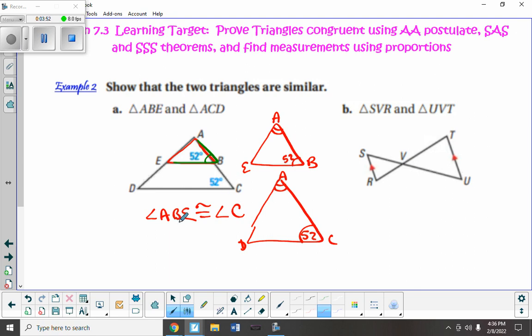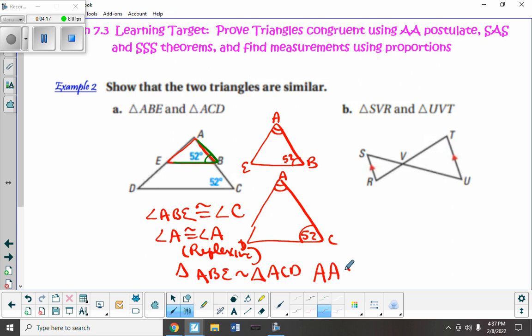All right, so there's one set of angles. Now, like we said before, angle A is congruent to angle A, and that's because of the reflexive property. So there, we have shown two sets of angles are congruent, so we can say that triangle ABE is similar to triangle ACD, and that's because of the AA similarity postulate. So there's one example.